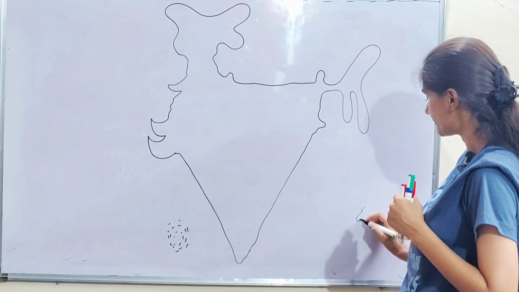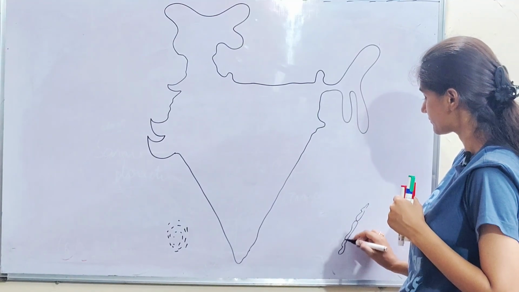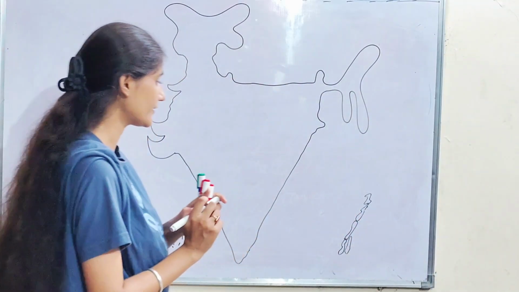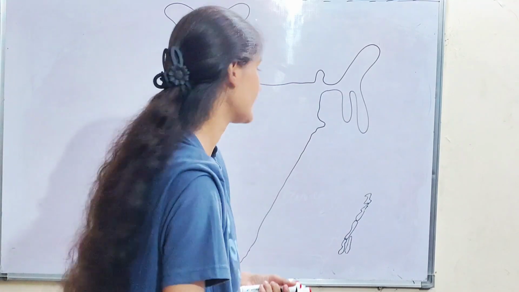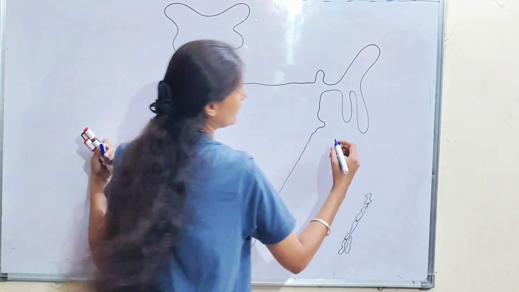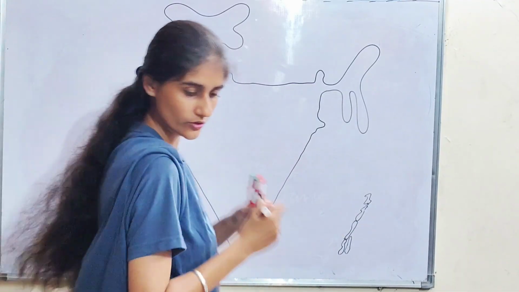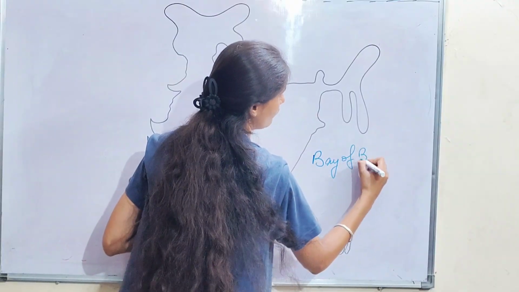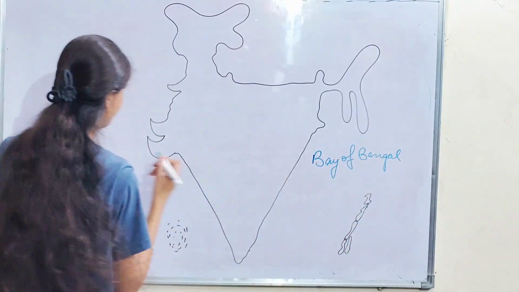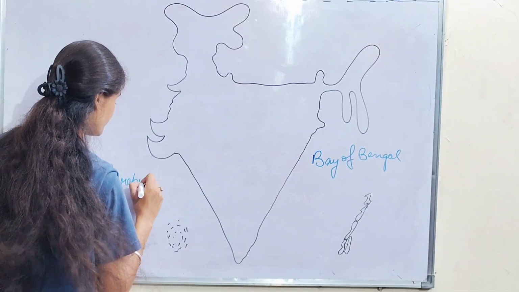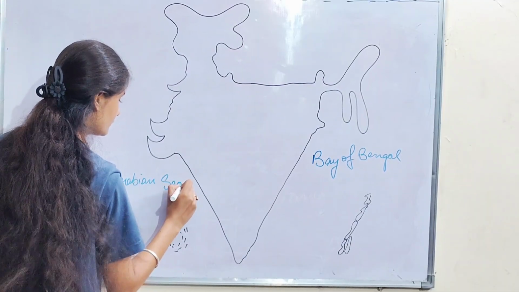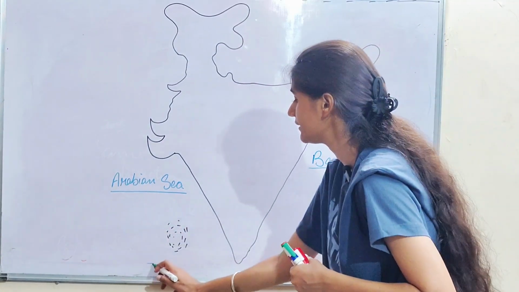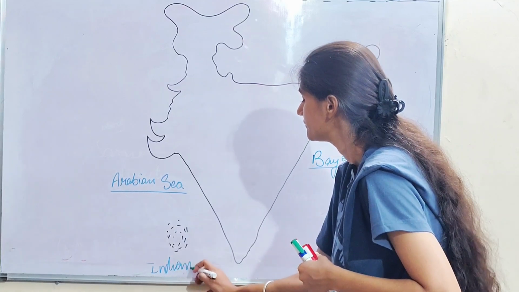Now on the eastern side, the Bay of Bengal, the Arabian Sea, and below we have the Indian Ocean.